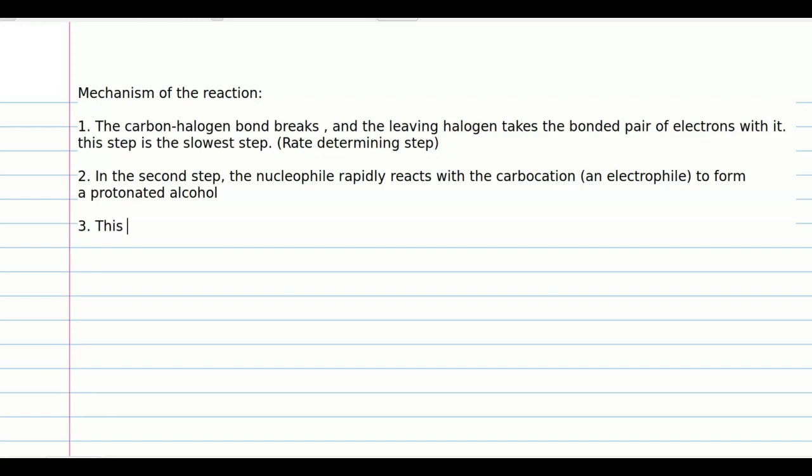This protonated alcohol then loses a proton to give a tertiary alcohol, which is your final product.